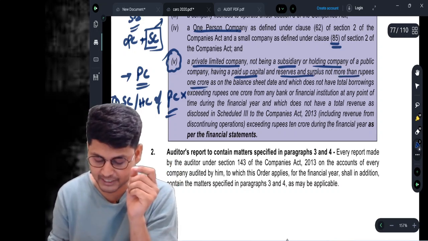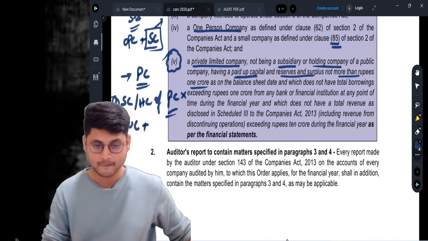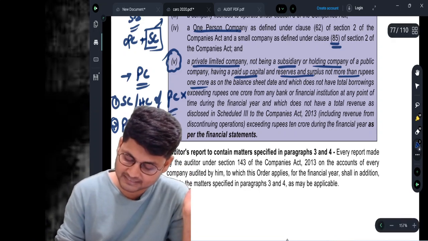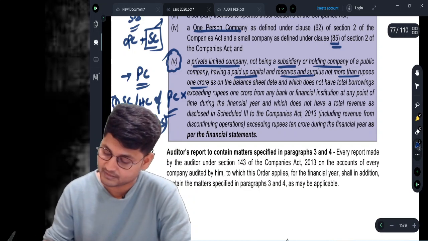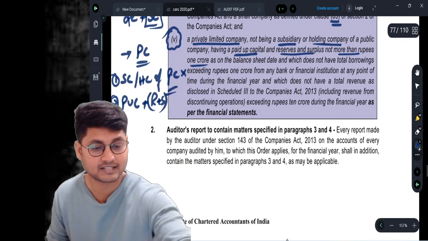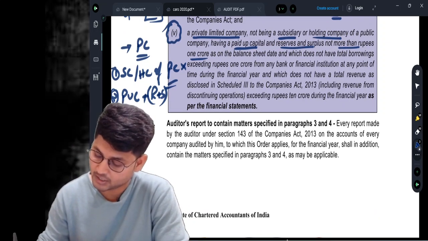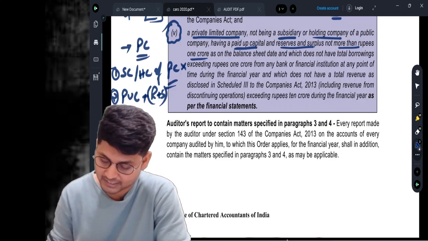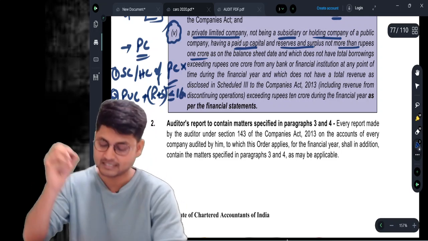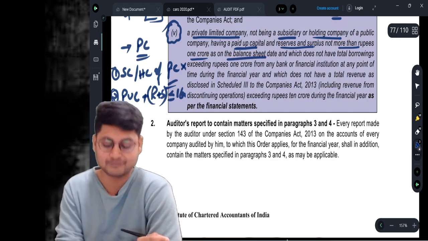See, paid up capital plus reserves and surplus shall not be more than rupees 1 crore, that is less than or equal to 1 crore, as on the balance sheet date.